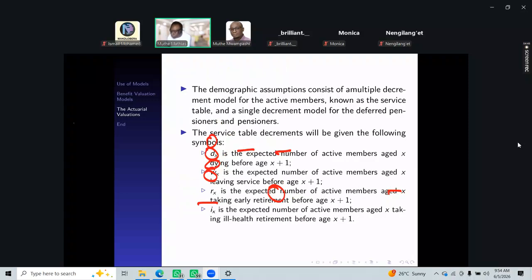And then I'm going to make other assumptions as well, especially demographic assumptions. So I'm going to note, let's say, D, of course, the number of active members who are age X dying before X plus 1. So we have death. Of course, we have withdrawal. Of course, we have early retirement before age X plus 1.